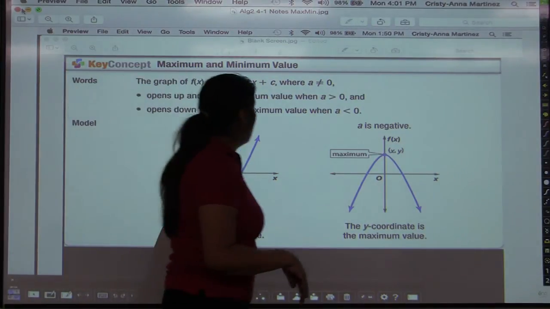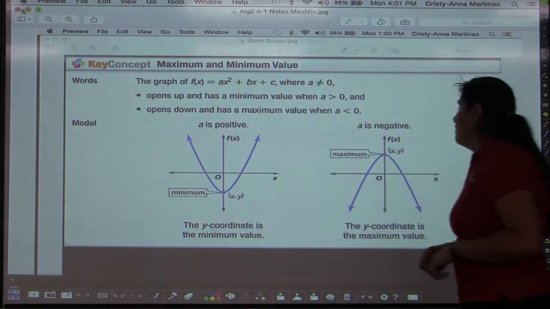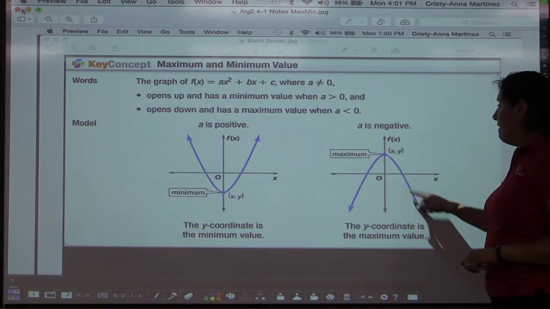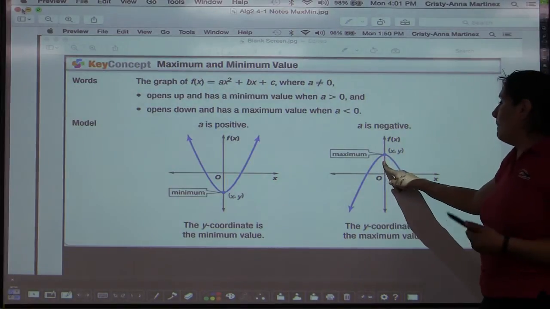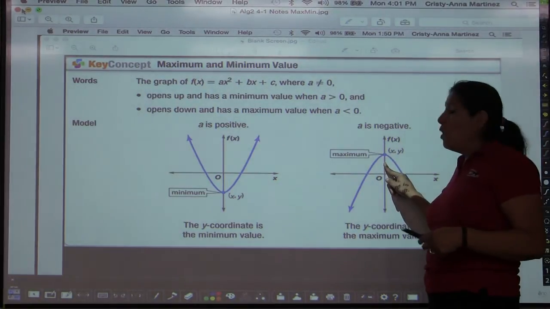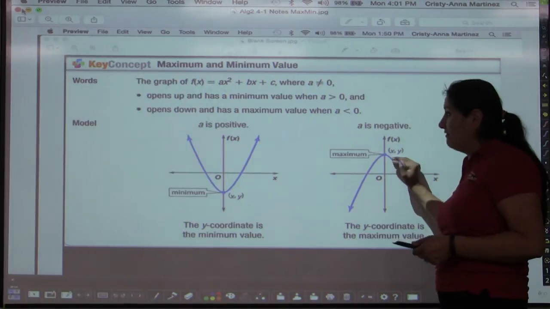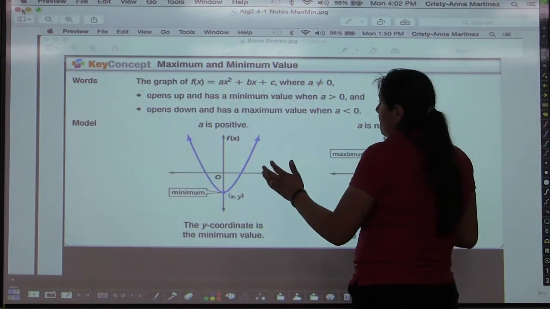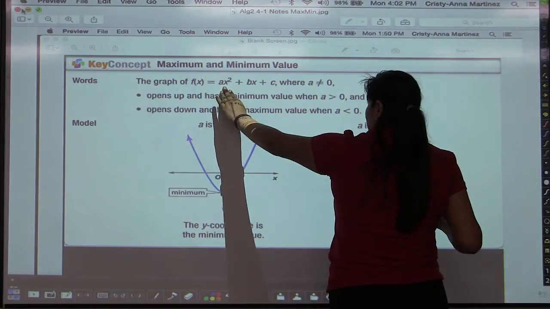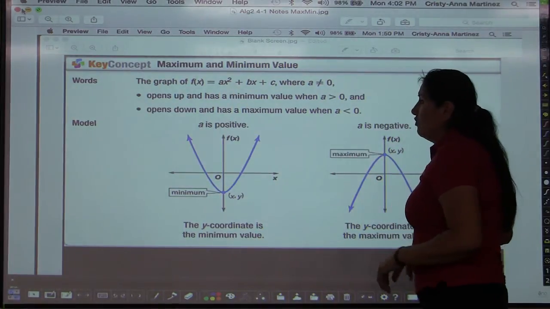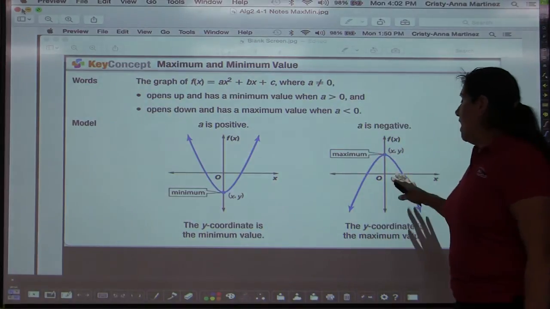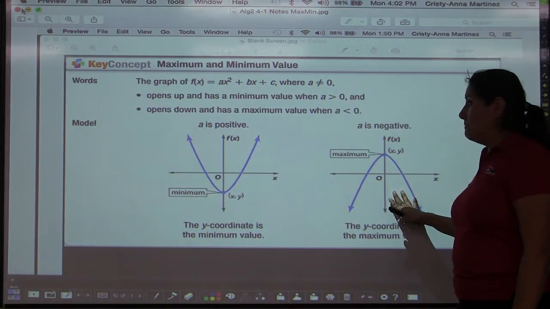And then if that quadratic term is negative, then that would mean that you would have this upside down parabola, and this vertex point would not be the minimum, but it would be the maximum or the highest point on the graph. So you know which way it's opening based on the sign of ax squared. And so if it's positive, you know you're going to have a minimum, and if it's negative, you know you're going to have a maximum.